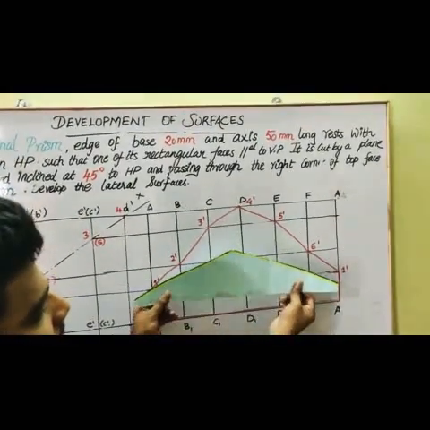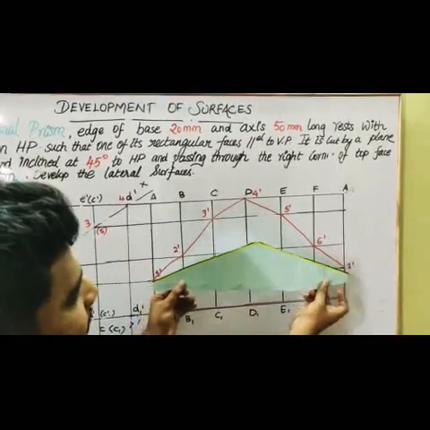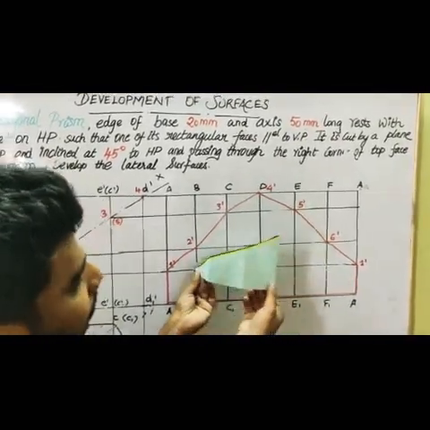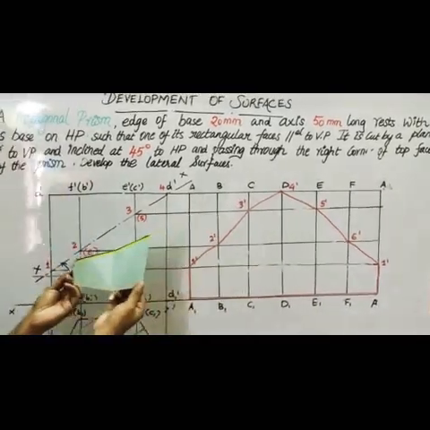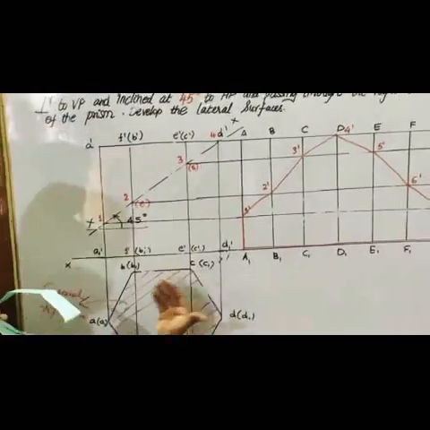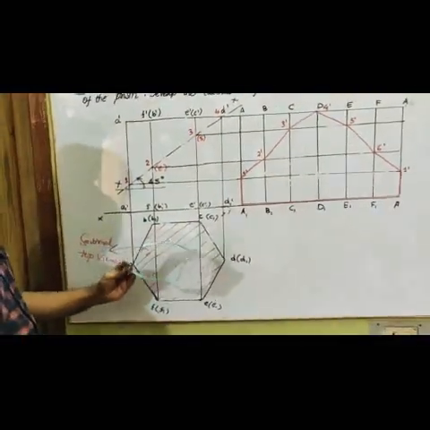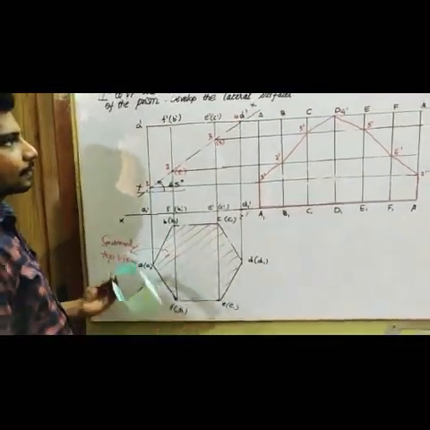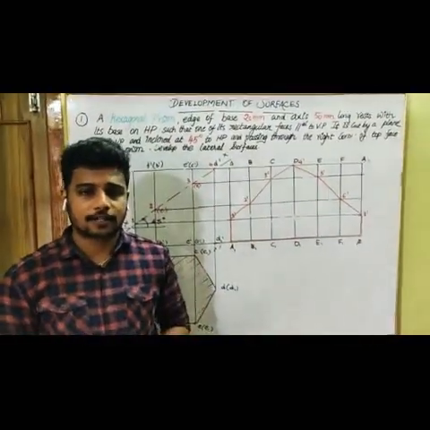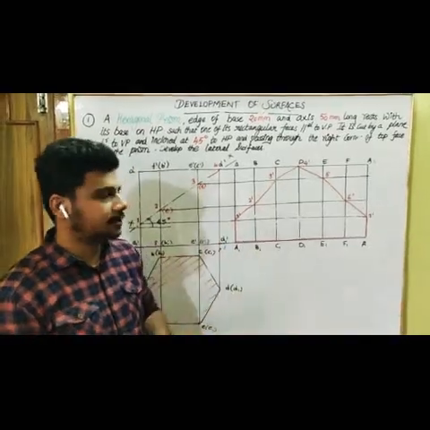Right? If you close it, you will get the cut section shape of the front view, and the top view will be like this, the sectioned one, which can be shown by the sectional hatch lines. So this is how you have to develop your cut section plane for the hexagonal prism.